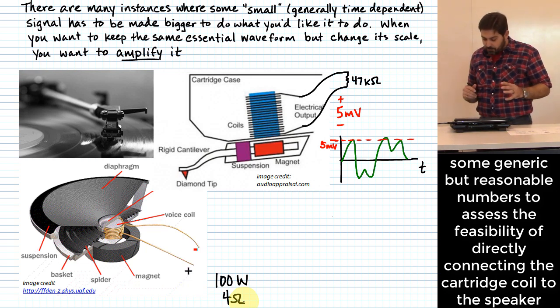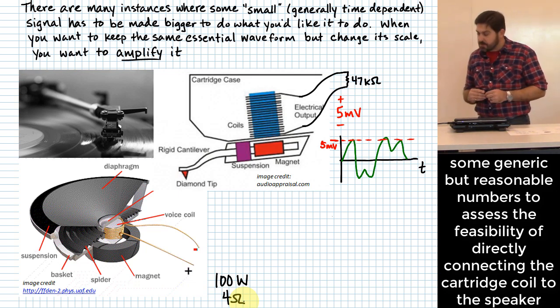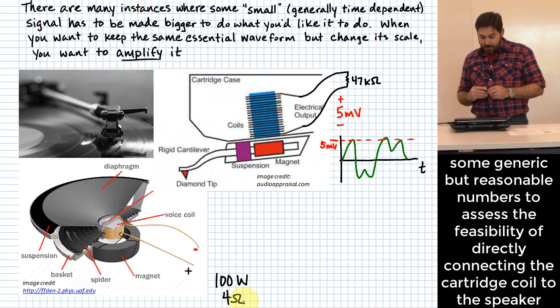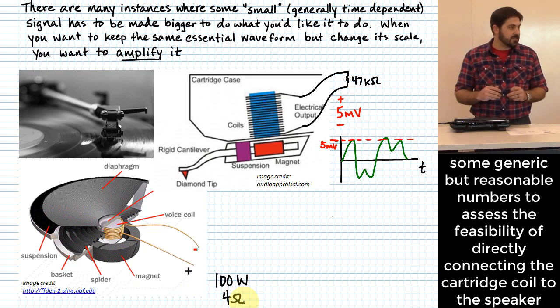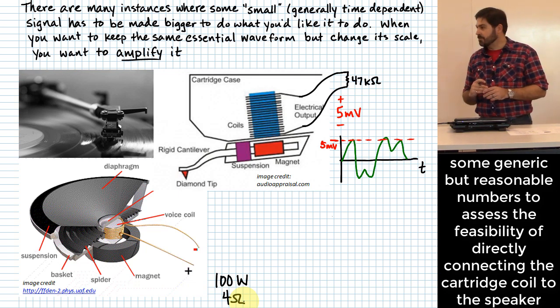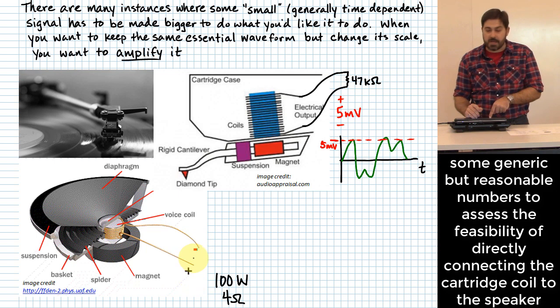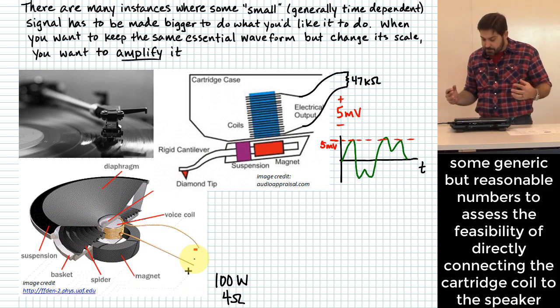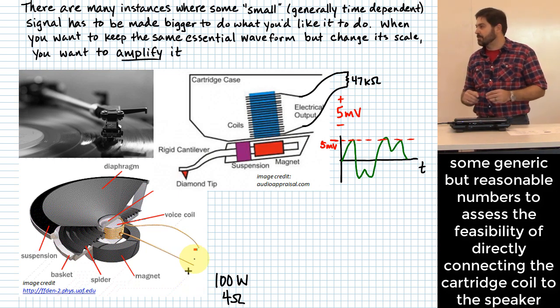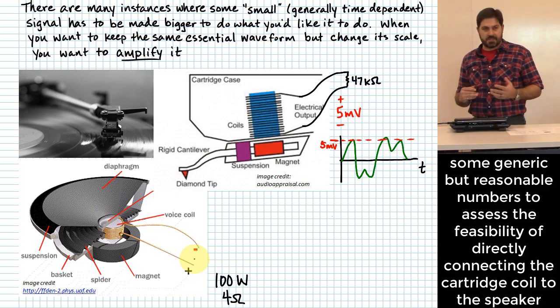So anyway, with 100 watts and 4 ohms, let me ask you this. About how many volts do you think we are going to be driving this system with? In other words, about how many volts should I be putting across the leads of this speaker if I know it's a 100-watt speaker and it's equivalent to something like a 4 ohm resistance?